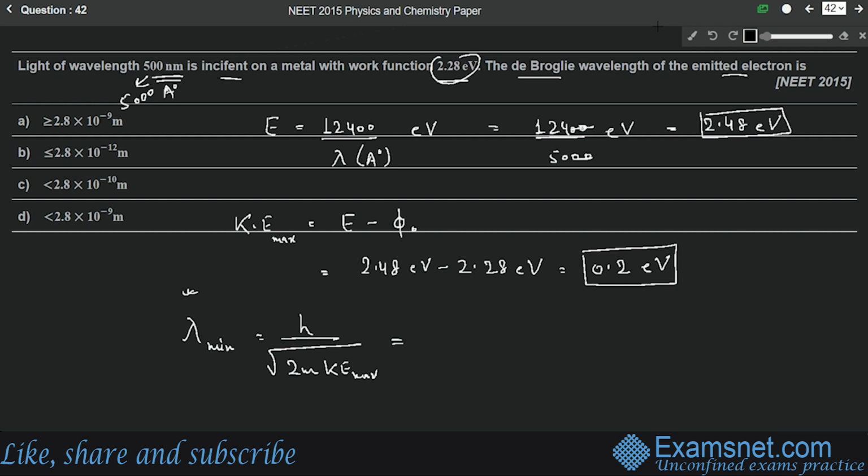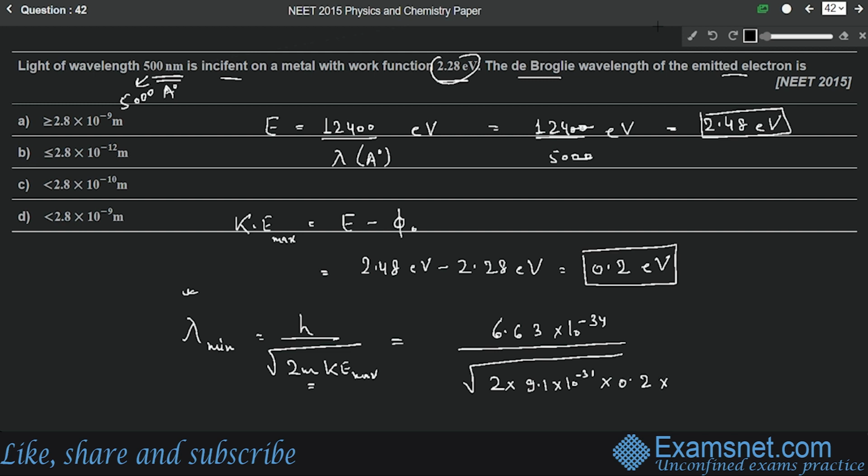Okay, so let's put the values. H, that means Planck's constant, is equal to 6.63 into 10 to the power minus 34 divided by under root 2 into m. M is the mass of the electron, that is 9.1 into 10 to the power minus 31, into maximum kinetic energy, which is 0.2 electron volt.